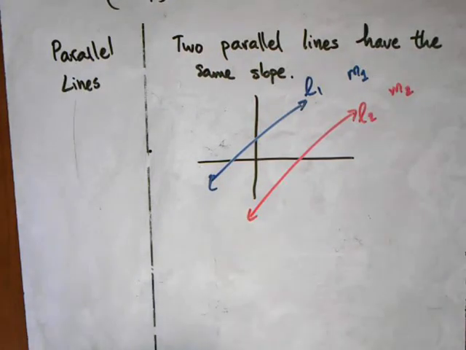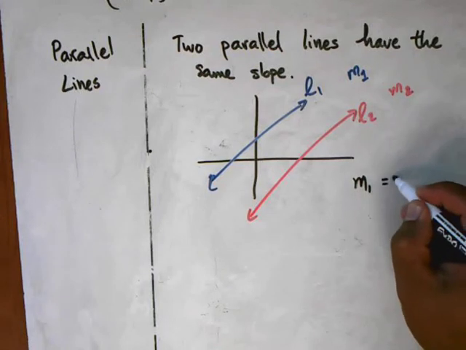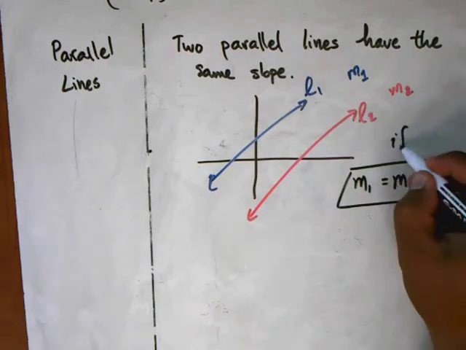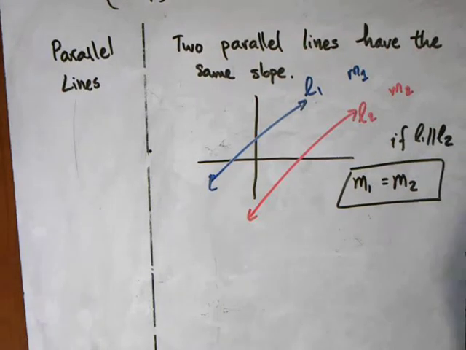And this is a proof in geometry that when you have two parallel lines, their slope must be equal. So we know for sure from a proof in geometry that M1 and M2 must be equal if L1 and L2 are parallel.